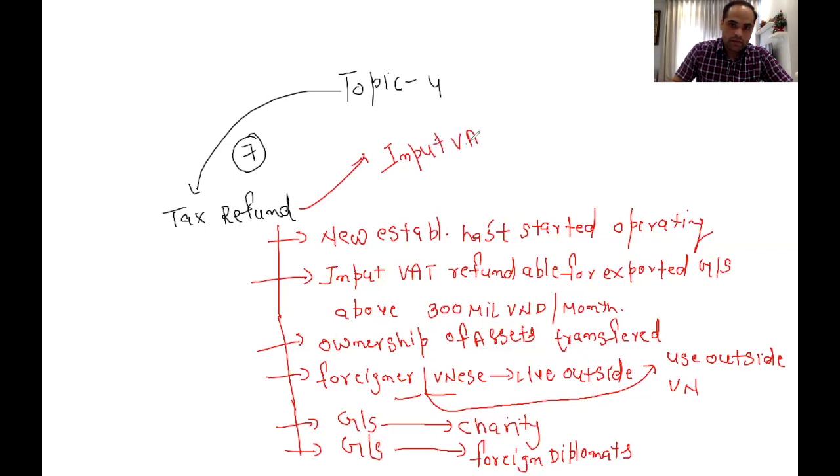So remember, obviously we can claim input VAT, not output VAT, because the seller never pays output VAT from his or her pockets. The consumer has to pay. So let's say I go to a supermarket as a consumer, I have to pay VAT, but the supermarket is not paying VAT. I am paying.